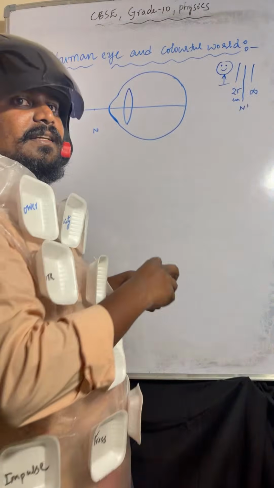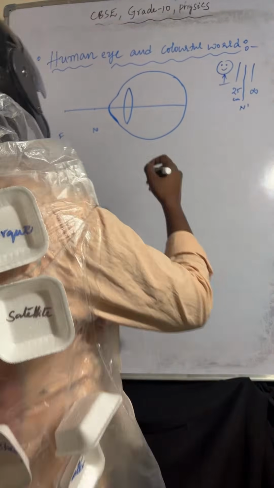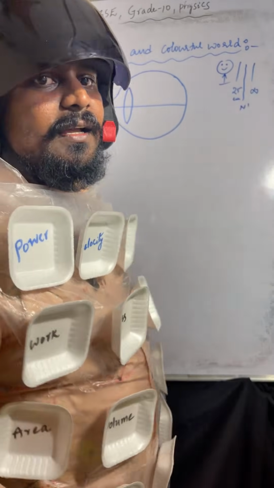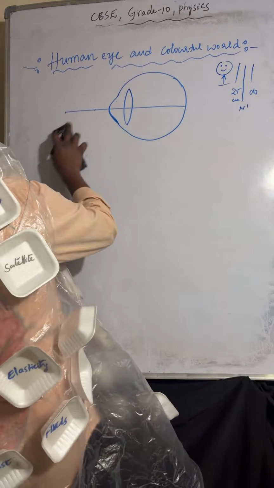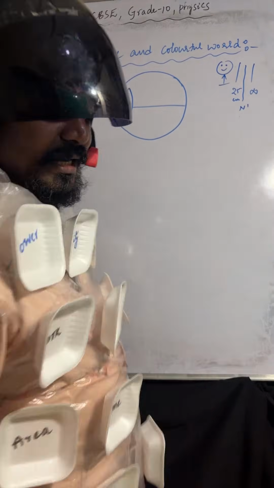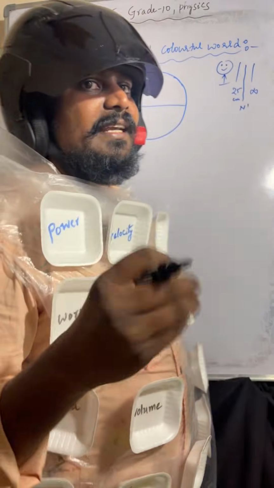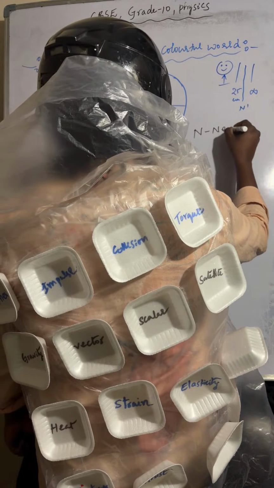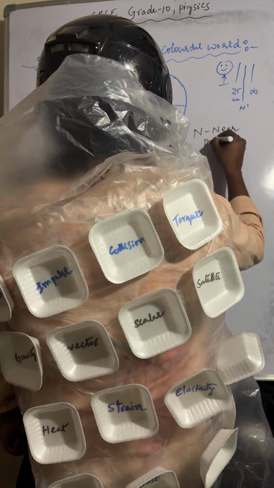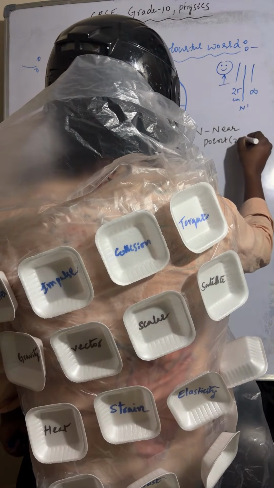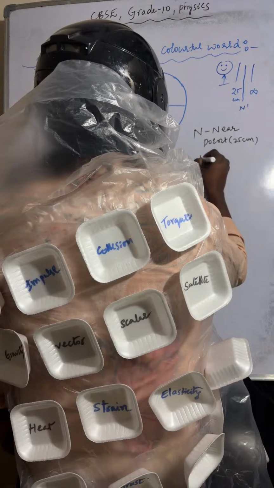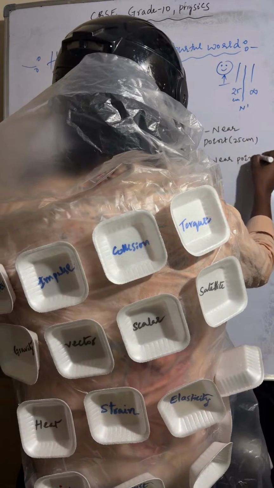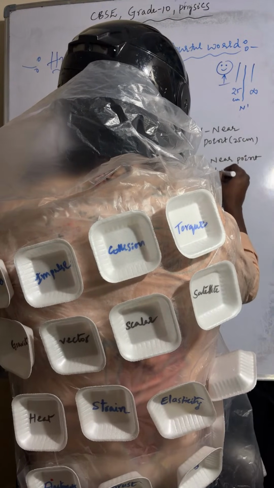Let's start. So here you can see hypermetropia. If the light rays are coming from n dash, here I am clearly writing n is the normal near point, which is 25 centimeter, and n dash is the near point of hypermetropic eye.